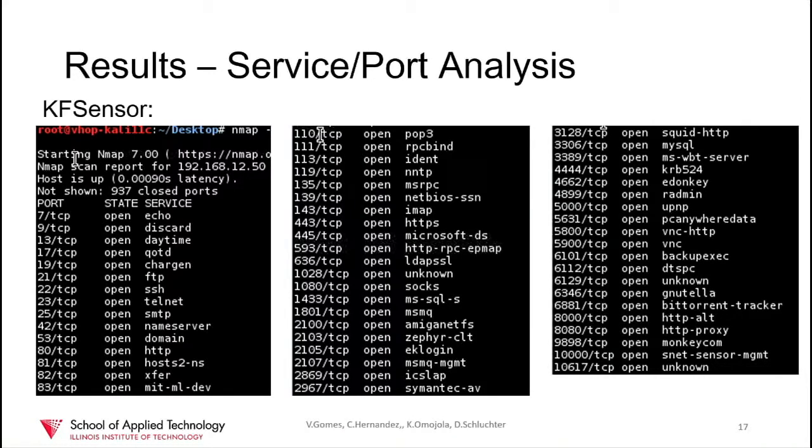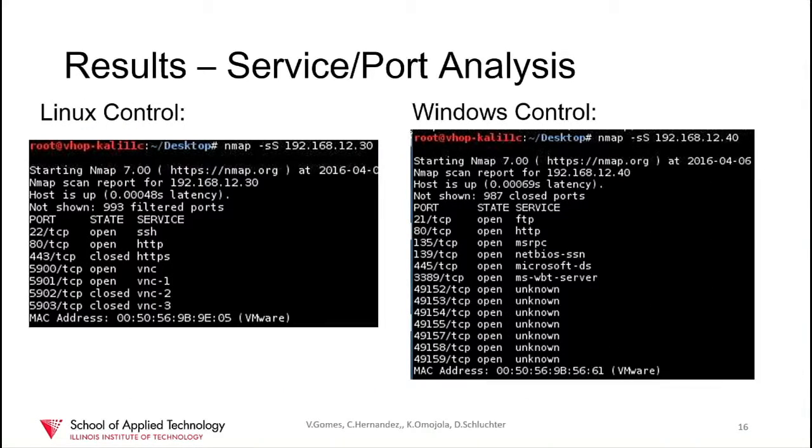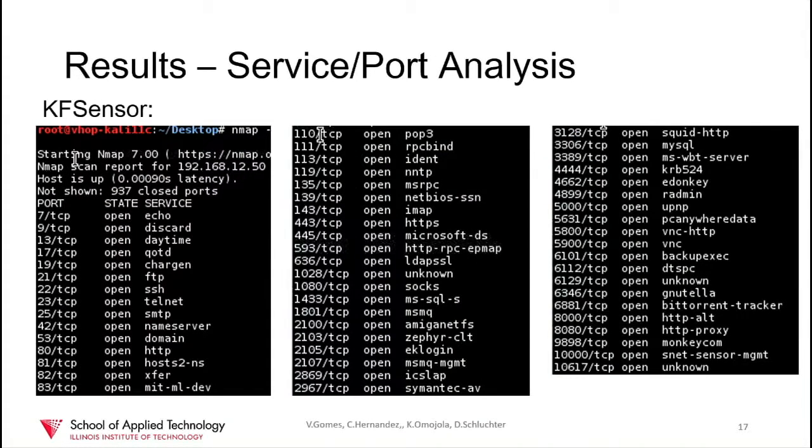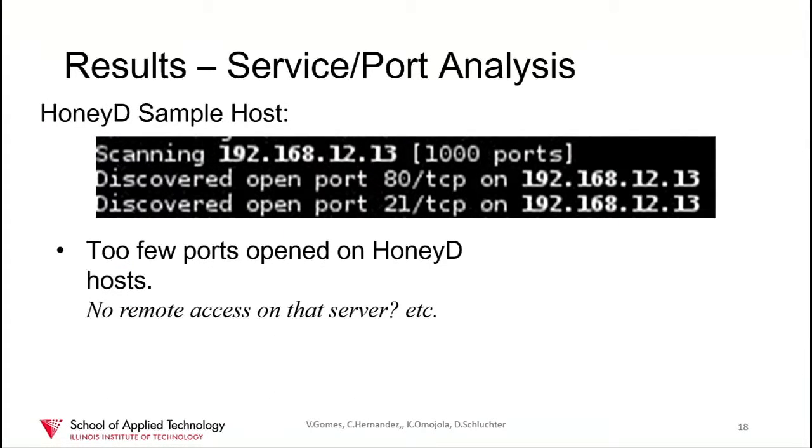We have services running that do the same thing. We have some Linux services and some Windows services running on the same box. It just doesn't really make any sense, especially if you compare it to your controls. Looks a little different. The opposite is on Honeyd. Now, we just configured it to show the other contrast.